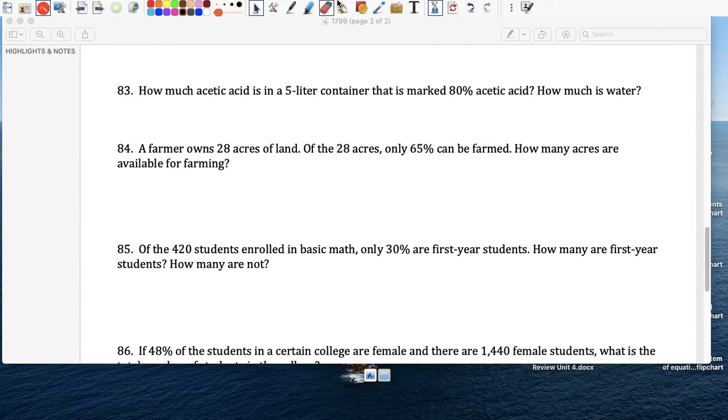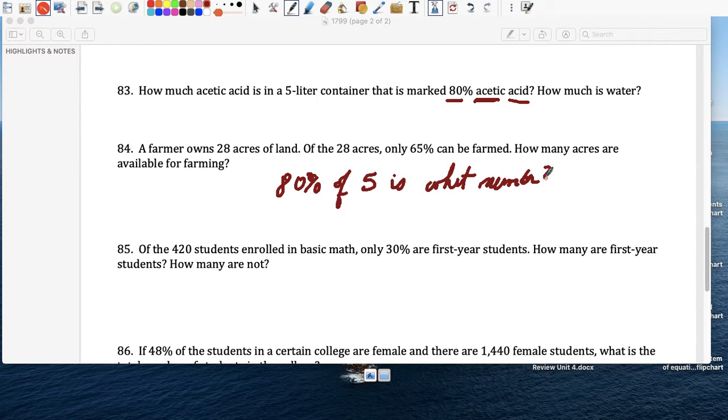All right, same question. We have a 5-liter container. 80% is acetic acid, and the rest is water. We can write: 80% of 5 liters is what number? Or what number is 80% of 5? That's also okay. So again, this is my P, this is my W, and this is going to be my A, because I want to find the part.